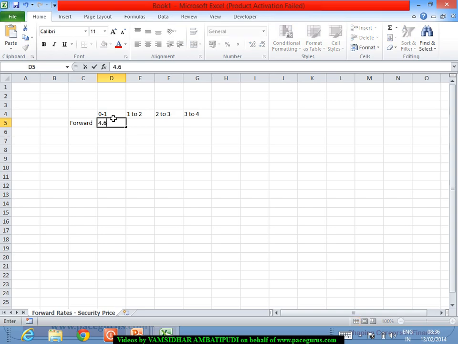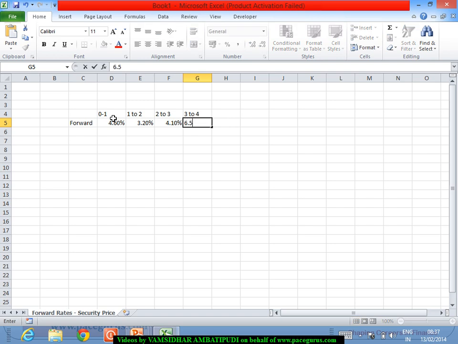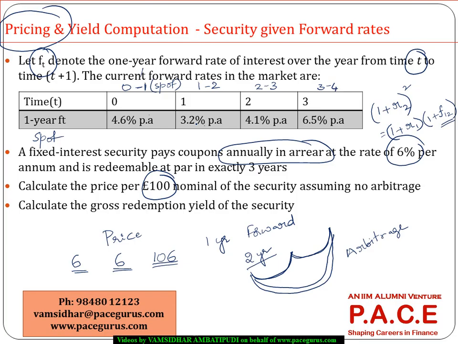Forward rate is 4.6%. 3.2% means the interest rates are going to fall between 1 to 2 years. Then 2 to 3 years, it is again slightly rising to 4.1. But between 3 to 4, there is an expectation of 6.5. But this is immaterial to us because our security has a maturity of only 3 years. This is just not relevant for this particular caselet.